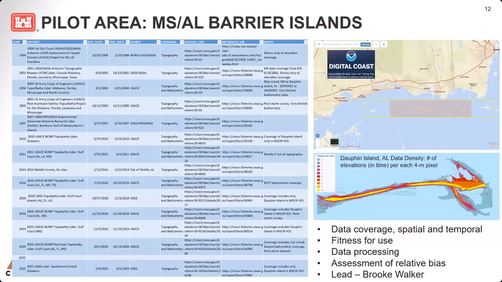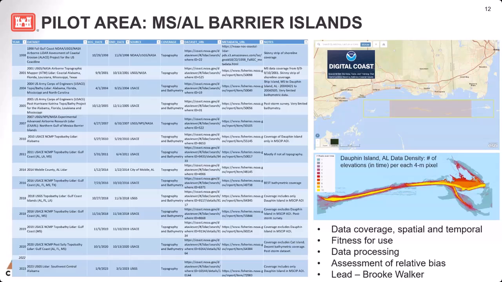But the next steps in this are to assess the fitness of use of each of these data sets for our research objectives. So of course, we're looking at the data coverage, both spatial and temporal. We are looking at whether the data set can meet those DEM requirements of 3 meters.